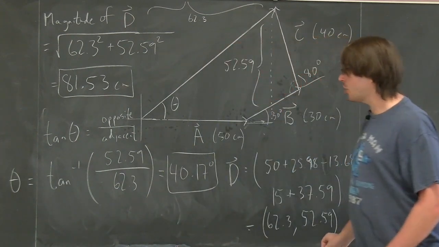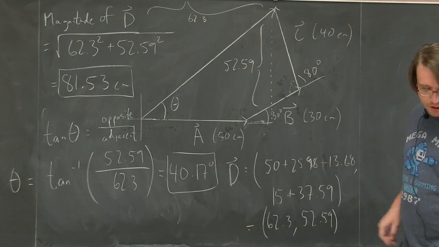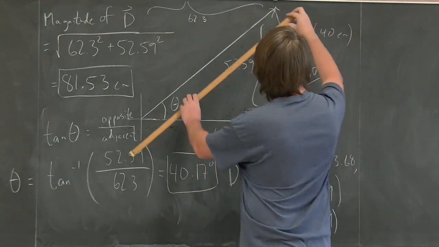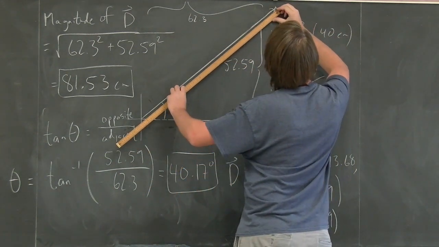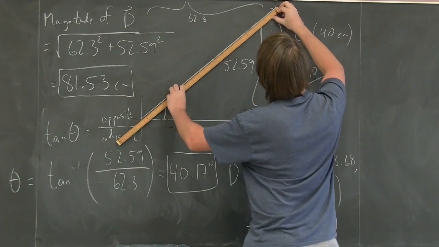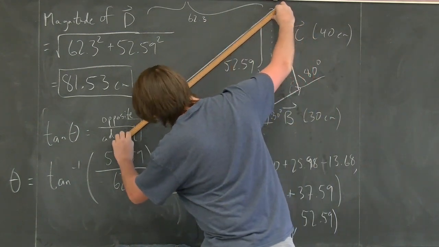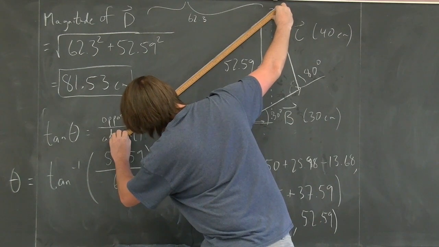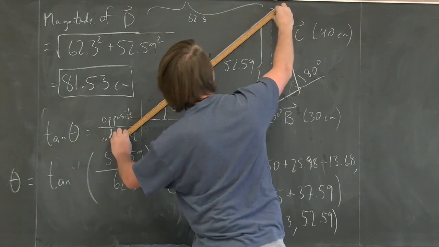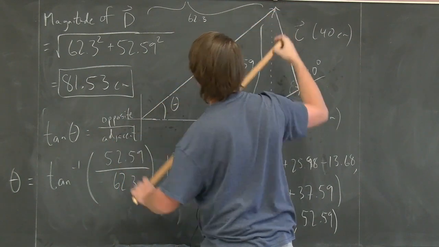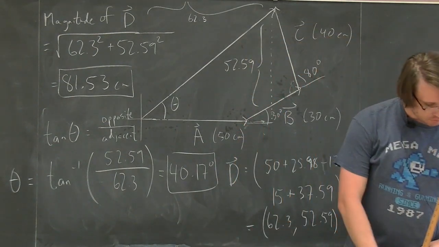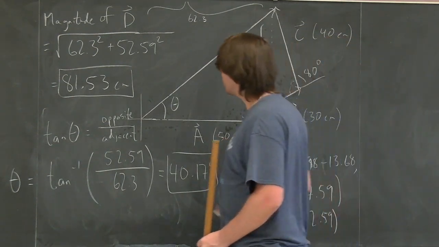Okay, so now let's check our work. So first I'll measure the length of the vector. And I'm getting 82 there. So that's very close to what I calculated.